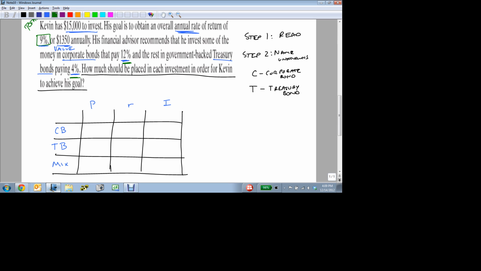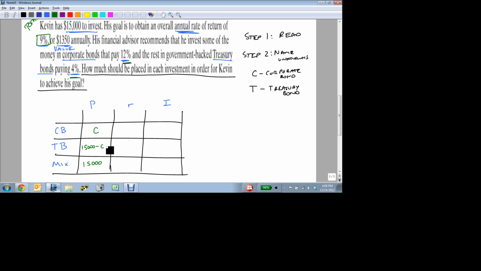So the question is, where do we put the $15,000? It goes in the principal under the mixture, because that's how much total we have to invest. And in Chapter 1, we're going to do this a little bit differently. We'll come back to mixture problems again in Chapter 3, but we're going to pick one of these, and we're going to let the corporate bonds be C, and the treasury bonds is going to be 15,000 minus C. I want you to think about this for a minute.